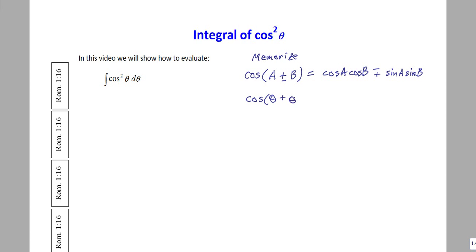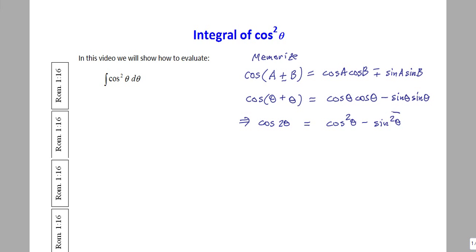Let's just do the plus. I'm going to get cos theta cos theta minus sine theta sine theta. That is to say that cos of 2 theta is equal to cos squared theta minus sine squared theta.